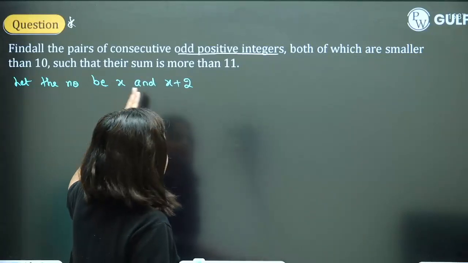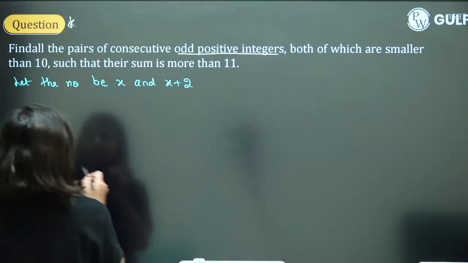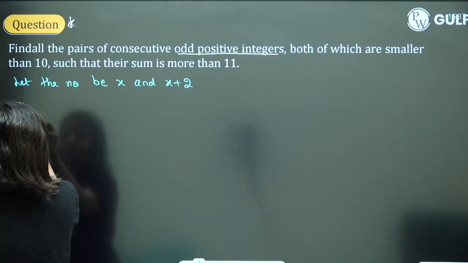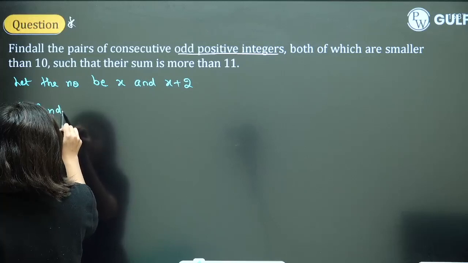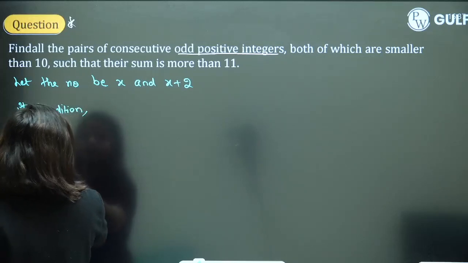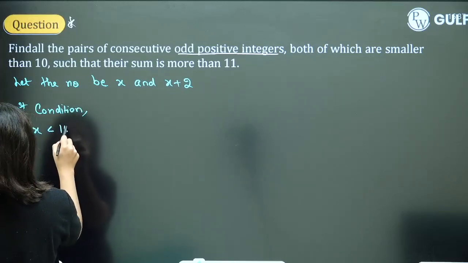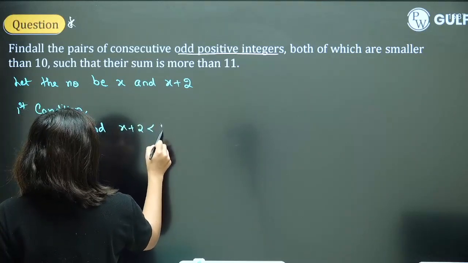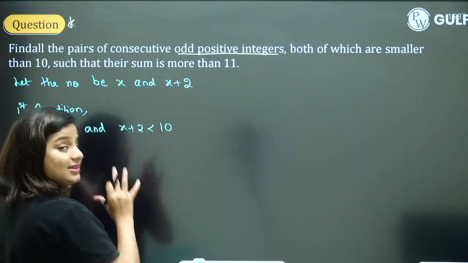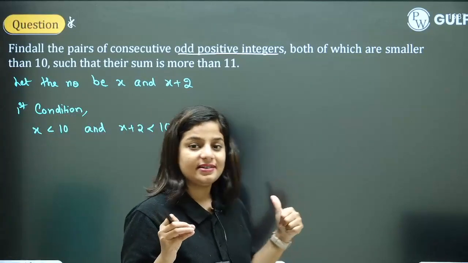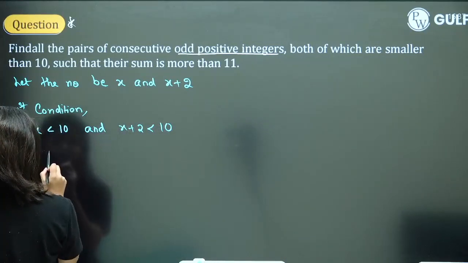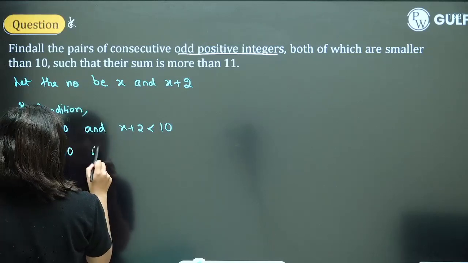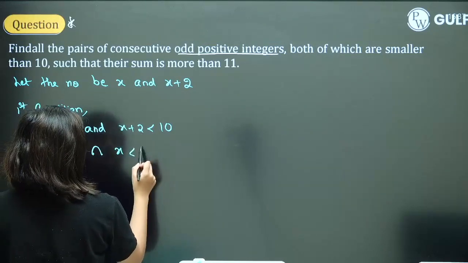What are the two conditions? Both are smaller than 10. So according to the first condition, x should be less than 10 and x plus 2 should also be less than 10. It's a system of inequality. We just studied how to solve two systems together. x is less than 10 and x is less than 8.